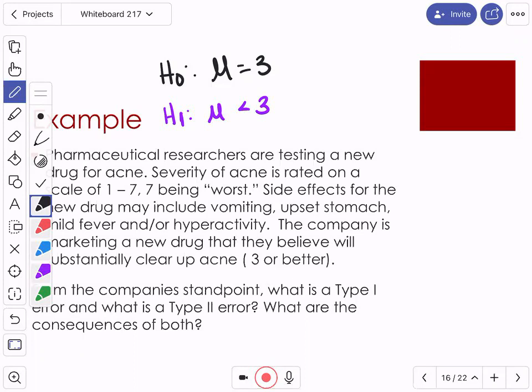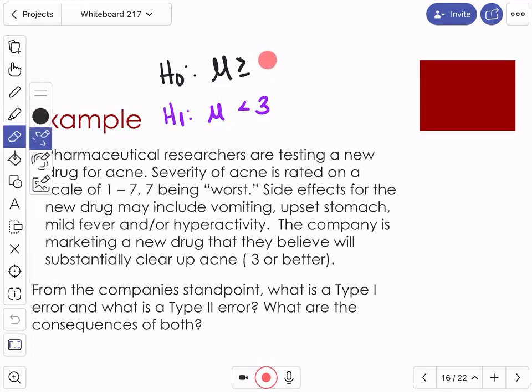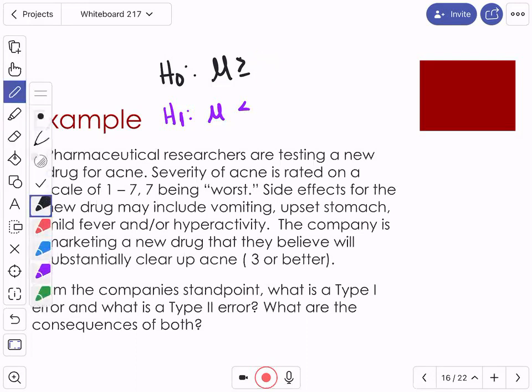Technically, let's change this number. Greater than or equal to 4, less than 4, because those are whole numbers.